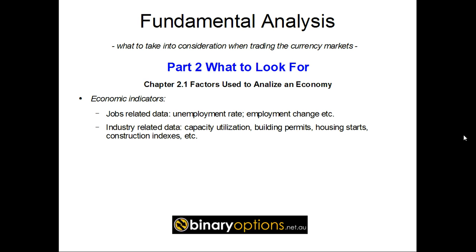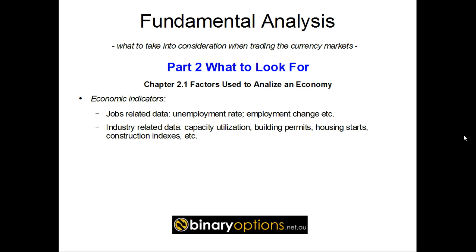Also under the economic indicators, the important ones to be considered are the jobs-related data, the unemployment rate, the employment change, and the industry-related data: capacity utilization, building permits, housing starts, construction indexes, and so on.